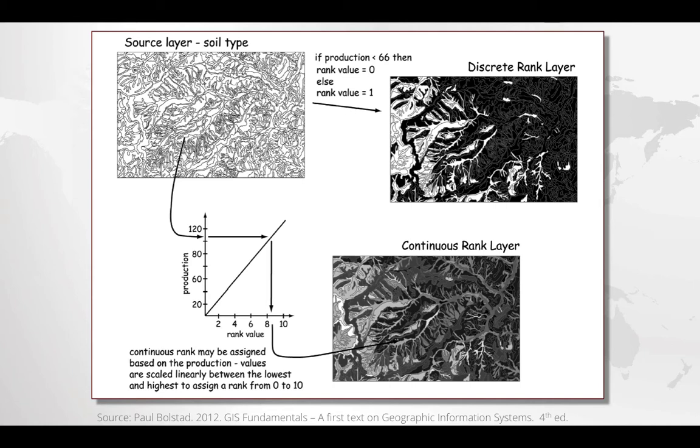In one case, I'm making a nominal layer: if production is less than something, I make it 0; if it's more than something, 1. That produces one layer. Or I could come up with some relationship between production, which in this case is for some really weird reason on the y-axis, and rank, to create a 0 to 10 ranking rather than a 0 or 1, good or bad.